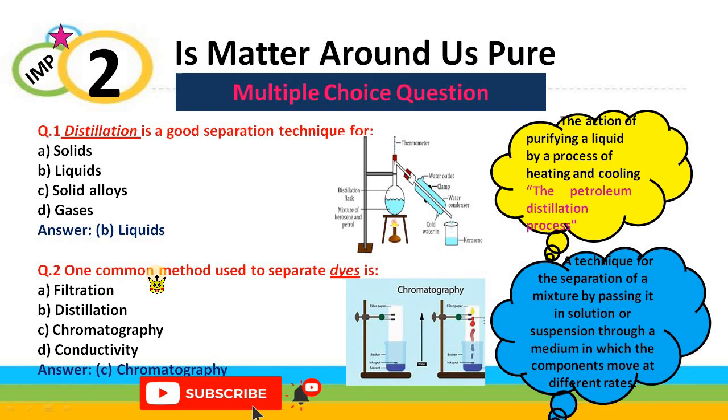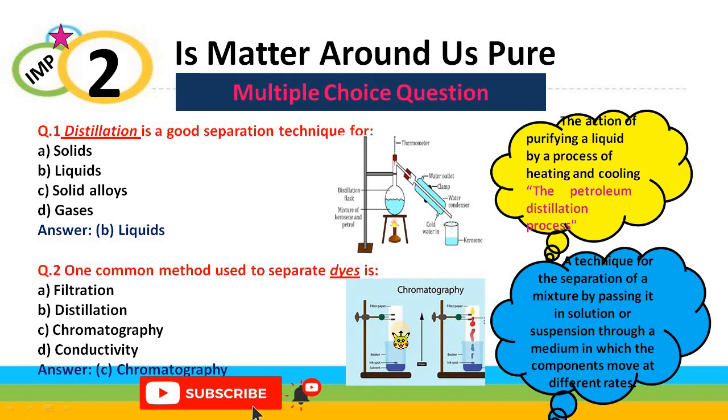Question number 2. One common method used to separate dyes is. Options are A, filtration, B, distillation, C, chromatography, and D, conductivity. Filtration is the process of filtering, distillation we have just discussed, and chromatography is a technique for the separation of a mixture by passing it in a solution or suspension through a medium in which the components move at different rates.